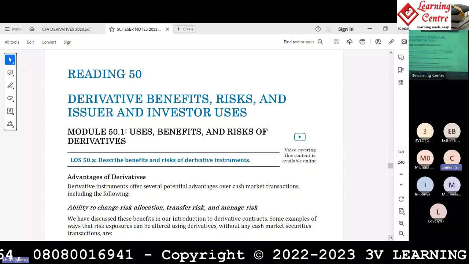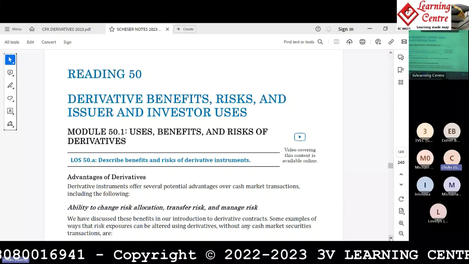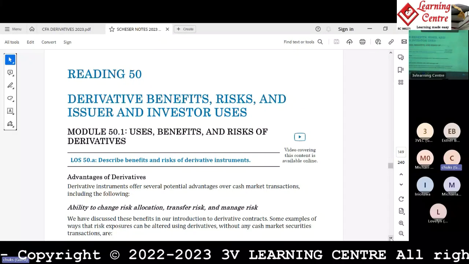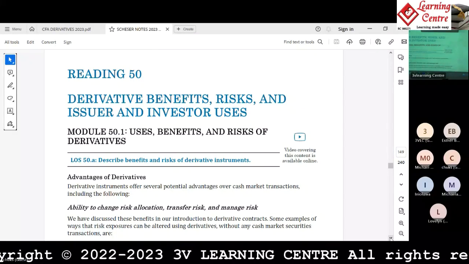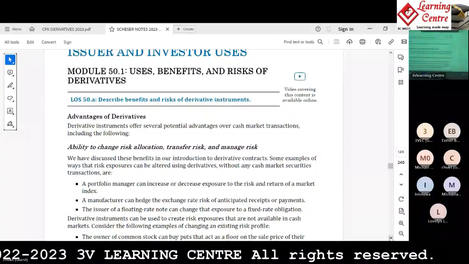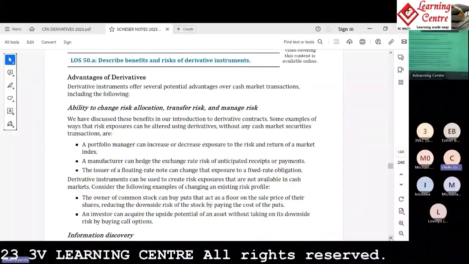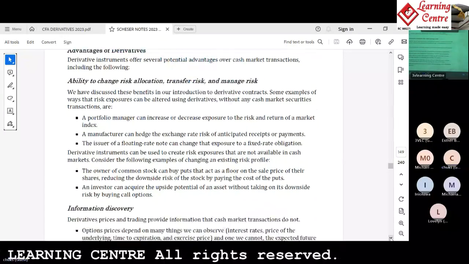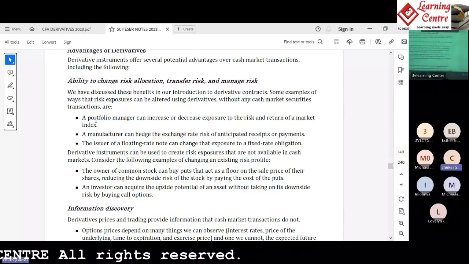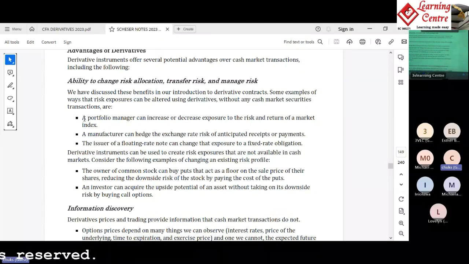This is basically just something you should read on derivatives, benefits, risk, issuer, and investor use. We've spoken about this as well. So some of the advantages of derivatives is one, ability to change your risk allocation, ability to transfer risk, and ability to manage risk, basically. So remember, we have said that these derivatives is trying to take a position similar to the underlying position.